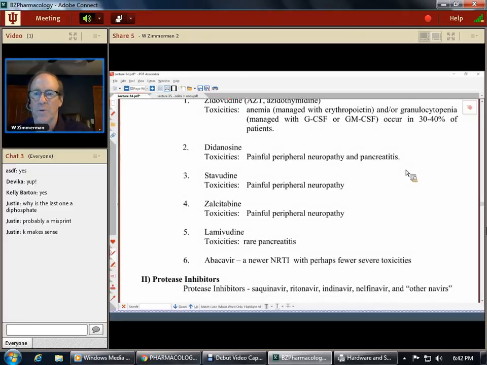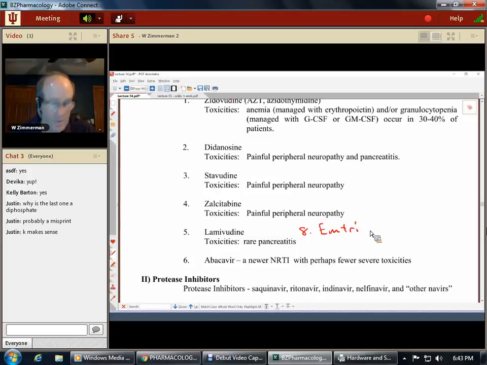Abacavir is a newer one with perhaps fewer severe toxicities. We'll see about that. Maybe I should stick another one in here because I believe it's on the drug list. Number 8, and that's emtricitabine.